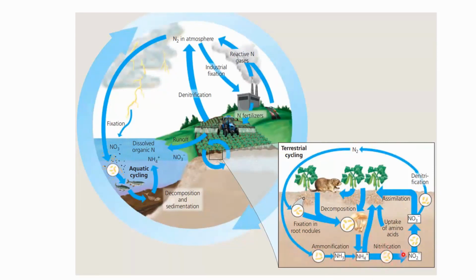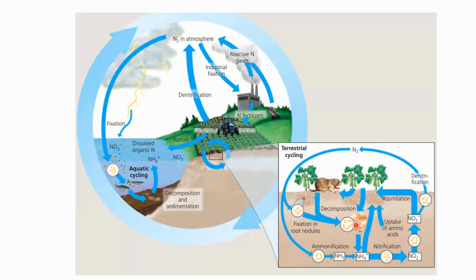These ammonium ions then undergo nitrification by the bacteria, converting into nitrite. This nitrite is then converted into nitrate, which is then assimilated by the plants. This assimilated form of nitrogen is used up by the plants, and these plants are then taken up by the consumers. So there is a transfer of nitrogen that takes place here.